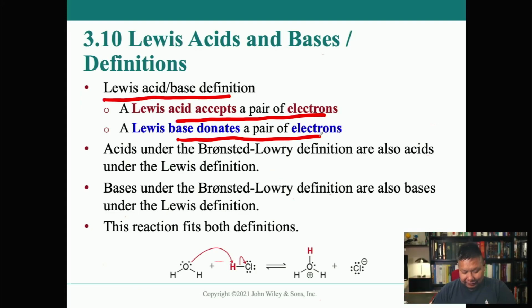Okay? So here's a really good example. We have water. It's acting as the base, pulling off that proton. So this is the Lewis base. The hydrochloric acid is the Lewis acid.